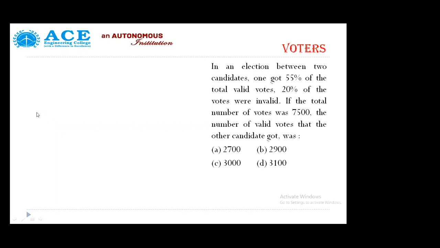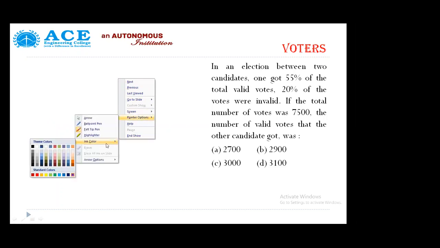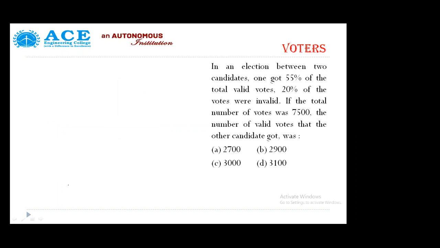Saurabh and Bhushan, your answers are correct. I hope you already solved the entire booklet. Fine, good to see. So guys, here the total number of votes was 7,500. Total votes are 7,500.